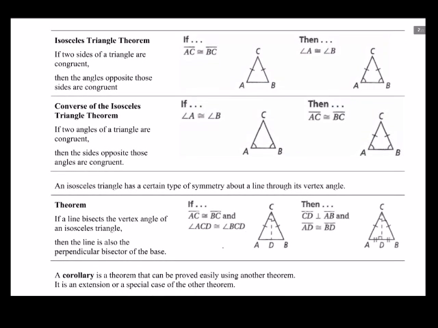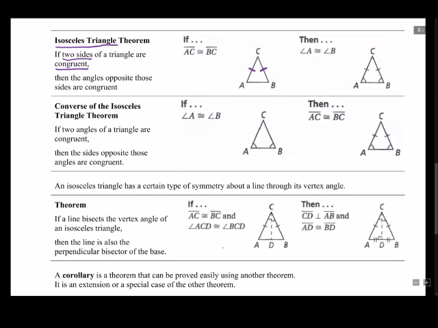Now we are going to talk about isosceles triangles. And we have the isosceles triangle theorem. It says if, our requirement, if two sides of a triangle are congruent, meaning we have an isosceles triangle, we're told our segments are congruent or they are marked congruent. What is our result?